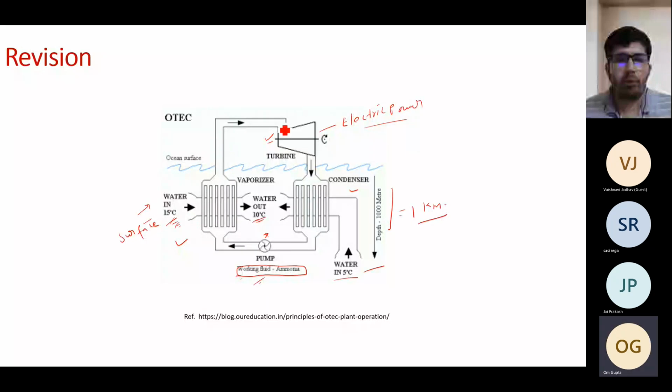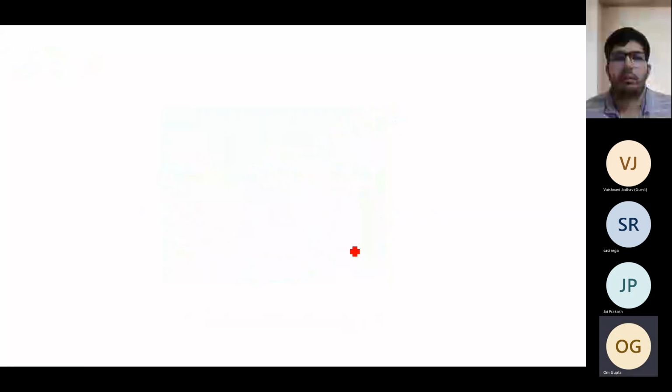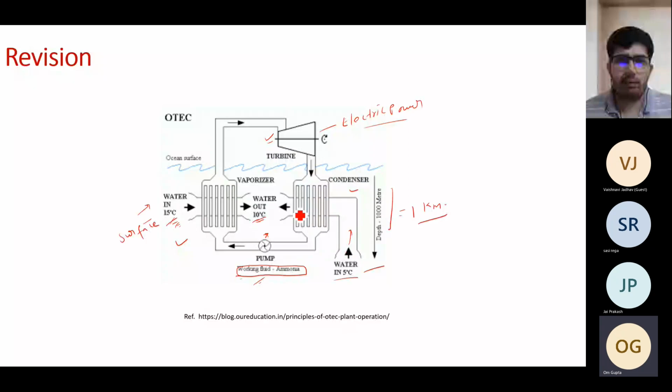Now the ammonia will run the turbine, and after the turbine it again comes to the condenser, where the cold water is flowing. Now the ammonia will give up some heat and again convert into liquid. So in this way we can use the temperature difference of ocean water to generate the electricity to run the turbine.